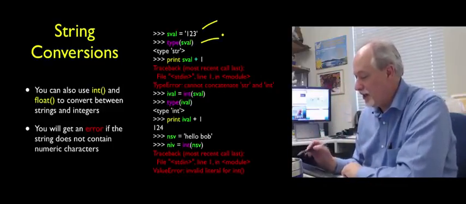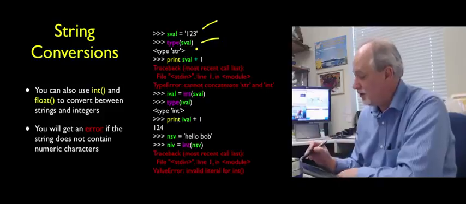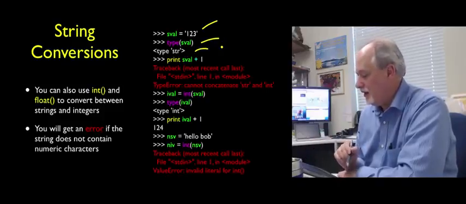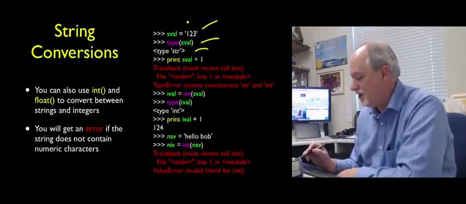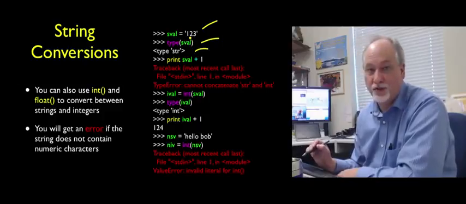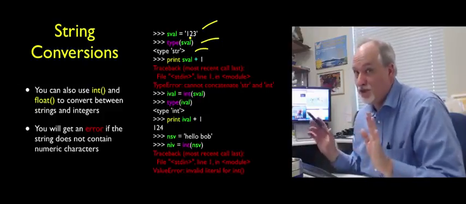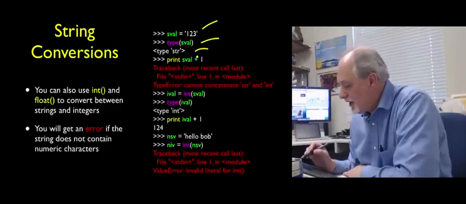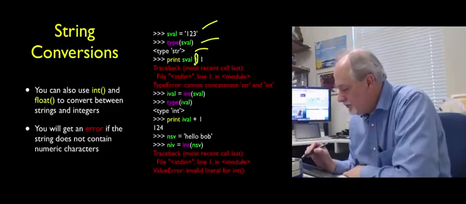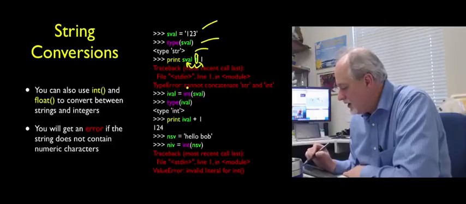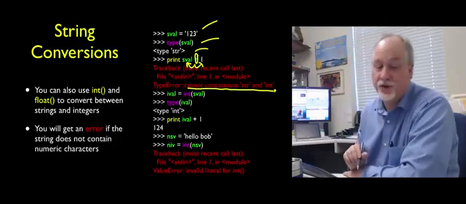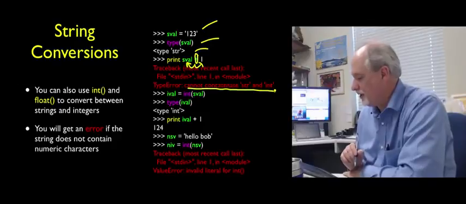And I can ask what kind of thing is in there, and it says, oh, there's a string in there. I know about that. And then I can try to add 1 to it. And it seems intuitive that, quote, 1, 2, 3 plus 1 would be somehow 124. But it's not. Python takes a look at the plus and says, oh, there's a string on that side and an integer on that side. I am going to freak out and tell you that you cannot concatenate a string and an integer.